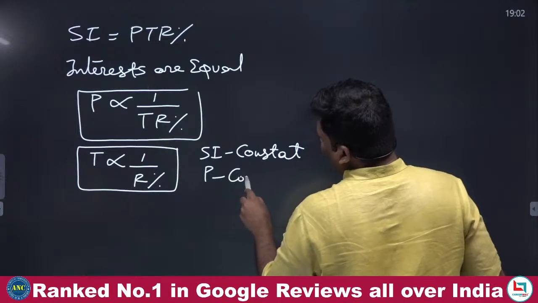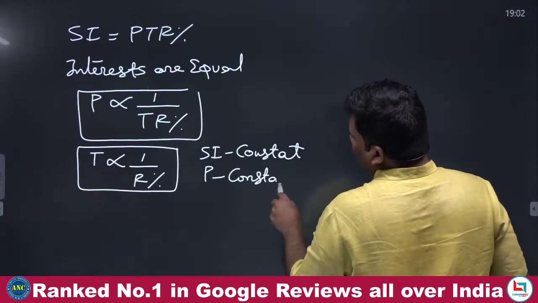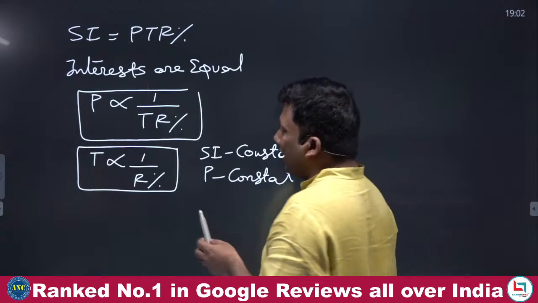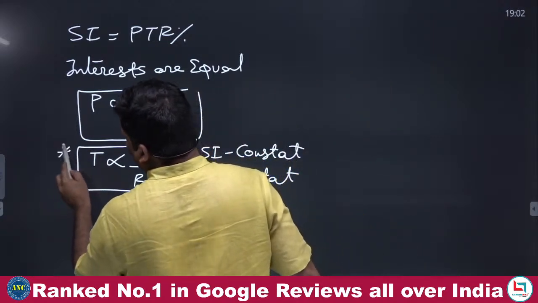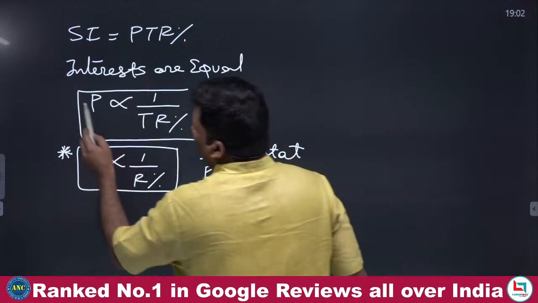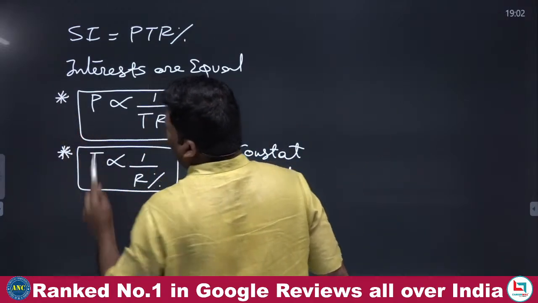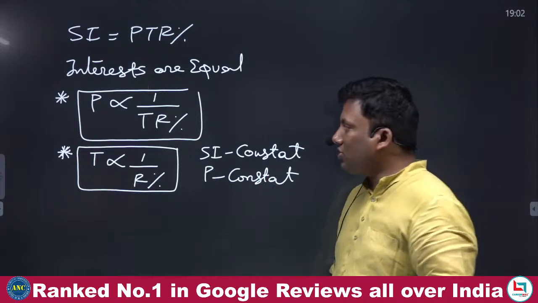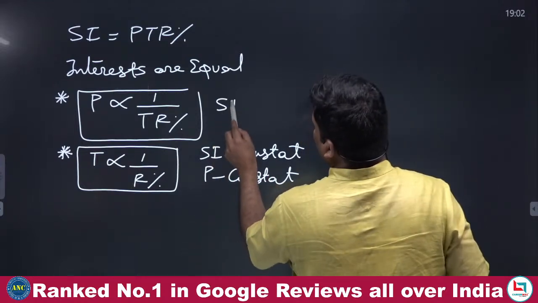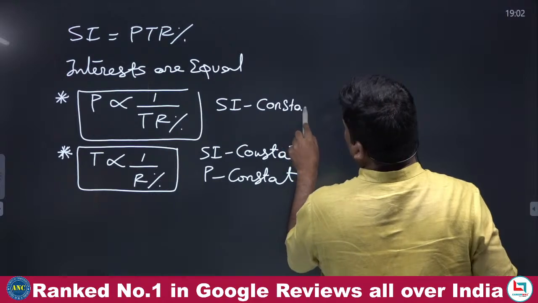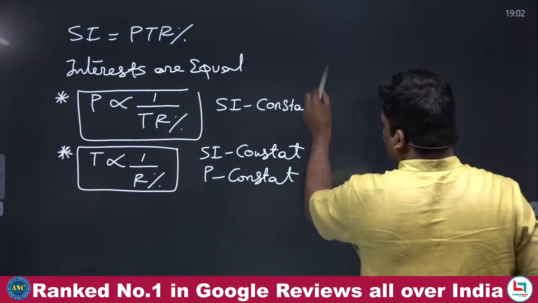If the principal is constant and SI is constant, time period and rate of interest are inversely proportional to each other. Principal and time period, rate of interest, are inversely proportional to each other if SI is constant.